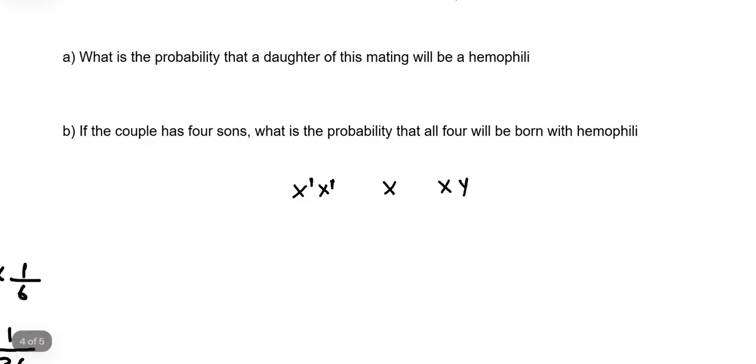Now they have a daughter. We know that one X chromosome comes from here and one X chromosome comes from here, so it would be like this way, right? So in this condition the daughter is obviously a carrier. So what is the probability that the daughter of this meeting will be hemophilic? Now you just imagine this condition that we can have the daughters where one X chromosome will be from father and one X chromosome would be from mother.